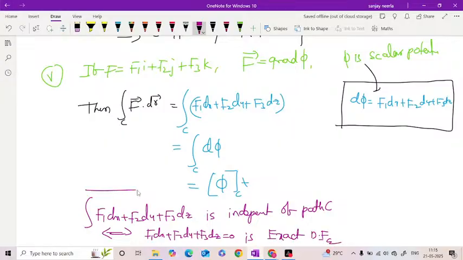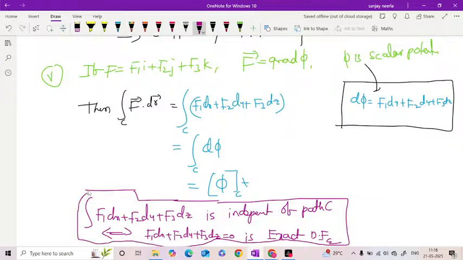So simply, there is no need to integrate if it is path independent. Just apply the scalar potential, you will get the result. Okay, so this one is the point.